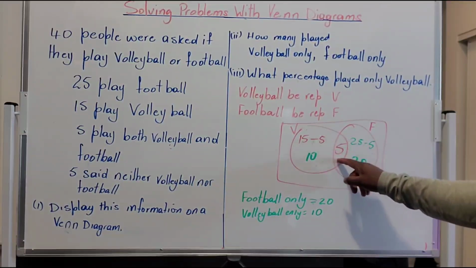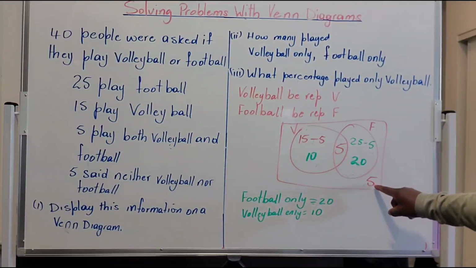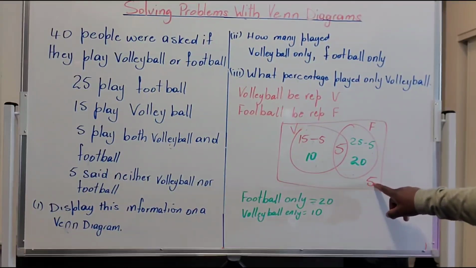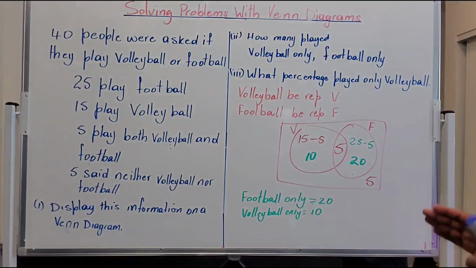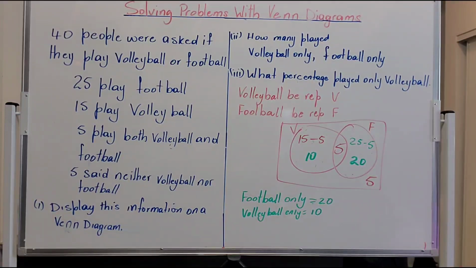We have 5 playing both sports, so 30 plus 5 will give us 35. And we have 5 who are not playing volleyball or football, therefore 35 plus 5 is equal to 40. So we have accounted for all 40 in this Venn diagram.